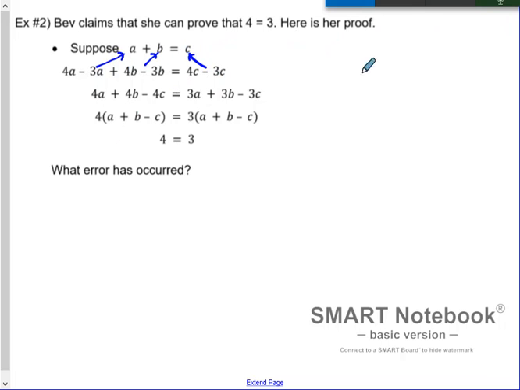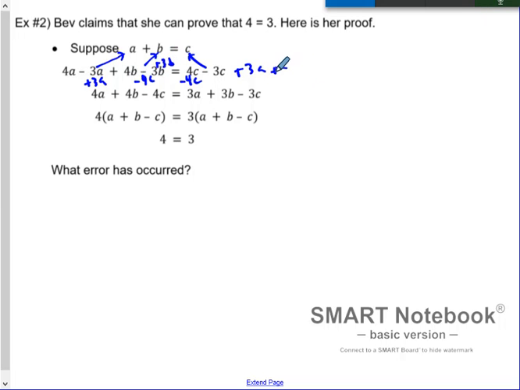Next step. It looks like we're moving our variables with 4 coefficients over to one side and our variables with 3 coefficients over to the other side. Taking this 4C, subtracting 4C to get it onto this side. Same thing with our 3's. Adding 3A, and what I do to one side, I have to do to the other. Minus 3B, getting it to the other side, I'd add 3B.